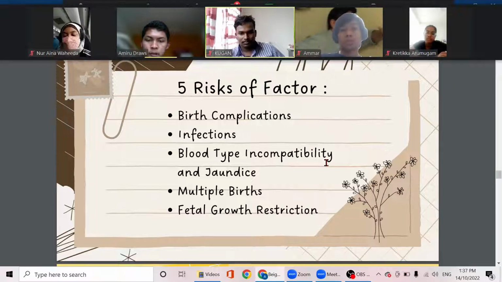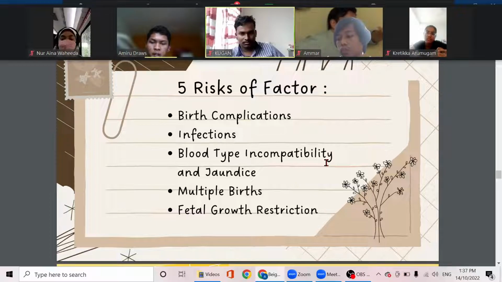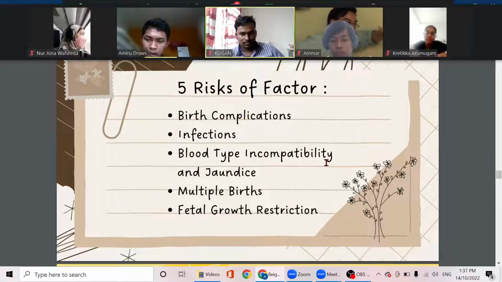All right, for multiple births, the risk of having cerebral palsy is higher depending on how many children are being born. One example is if a woman gives birth to two or more babies, such as twins, triplets or more, there is a higher risk of cerebral palsy.